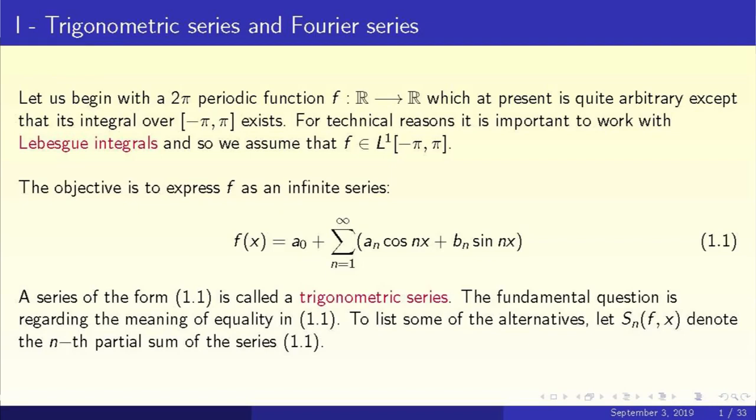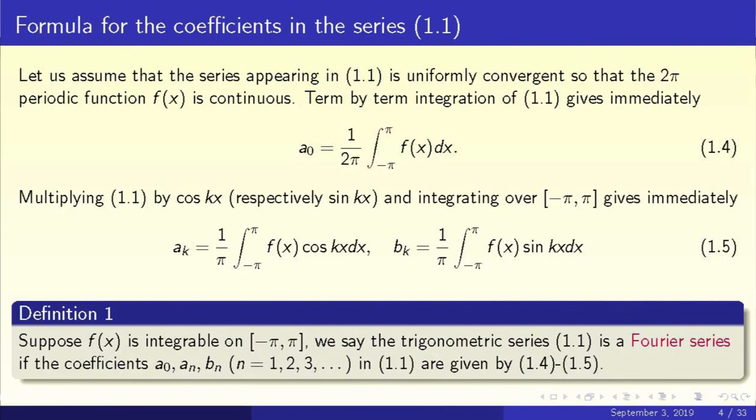So the only term that survives is the integral of a0 dx from -π to π, which is 2π a0. So divide by 2π, and what do you get? a0 equal to 1 upon 2π times the integral from -π to π of f(x) dx. So we have obtained the formula 1.4 for the coefficient a0 appearing in the series 1.1.